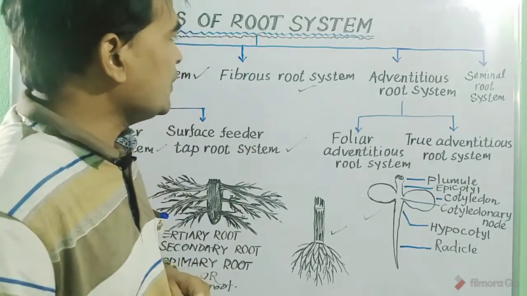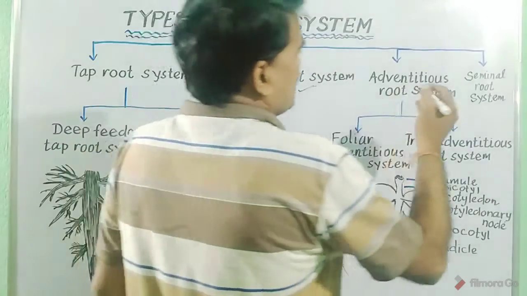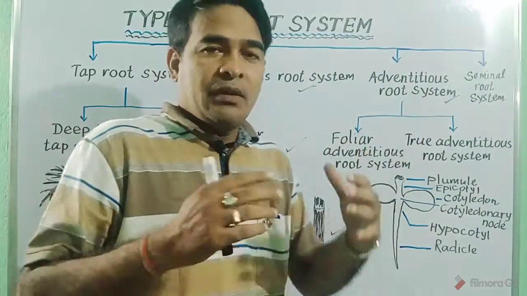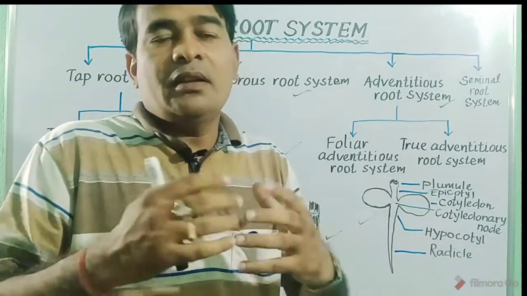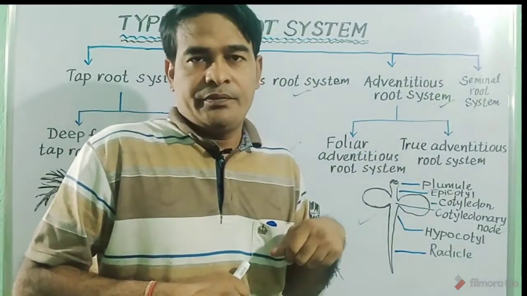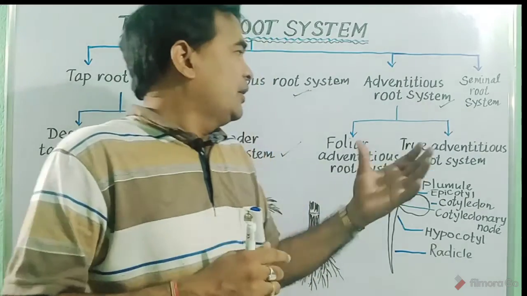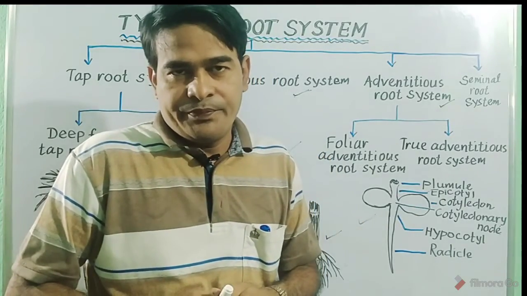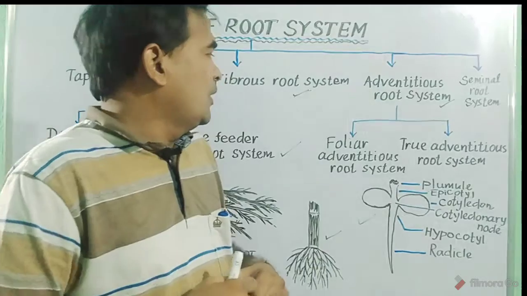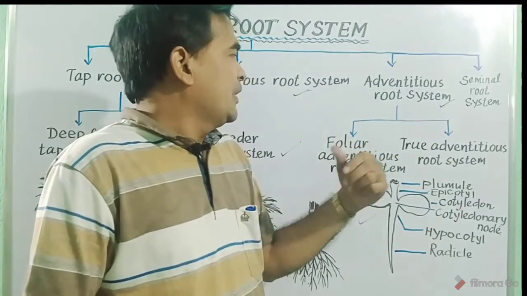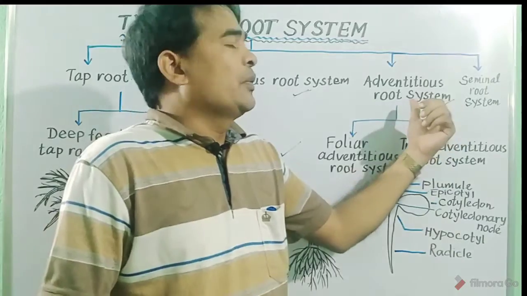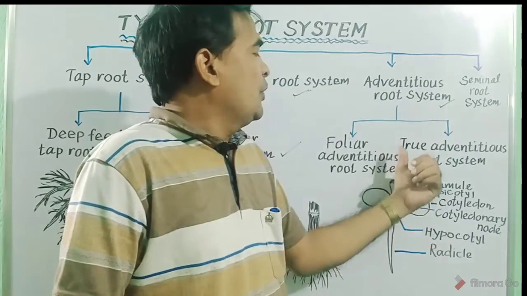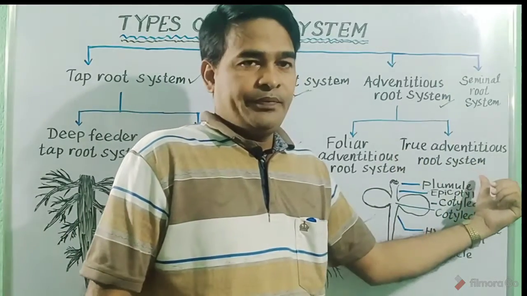Then we'll study about adventitious root system. These roots develop from parts of the plant other than the radicle, and these roots may be underground or above ground. On the basis of the place of origin, there are two types of adventitious root system. Those are foliar adventitious root system and true adventitious root system.